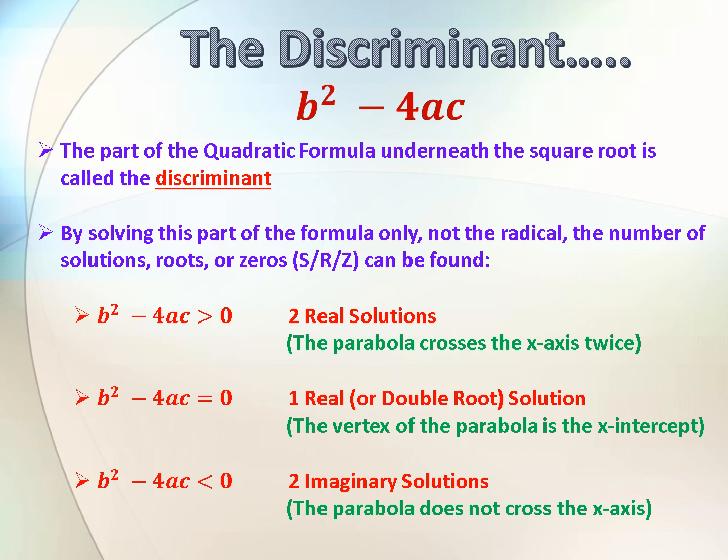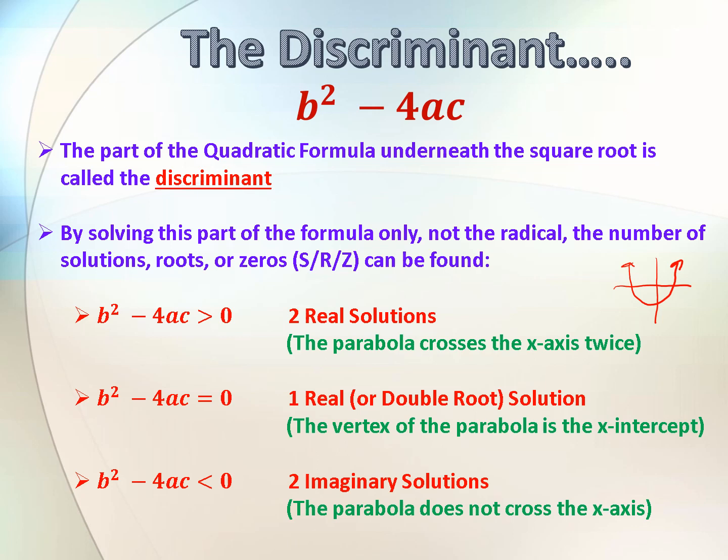Okay, so for example, if b squared minus 4ac is greater than 0, meaning it is a positive value, you are going to have two real solutions. So what that means in terms of the graph is that my parabola will cross the x-axis twice.